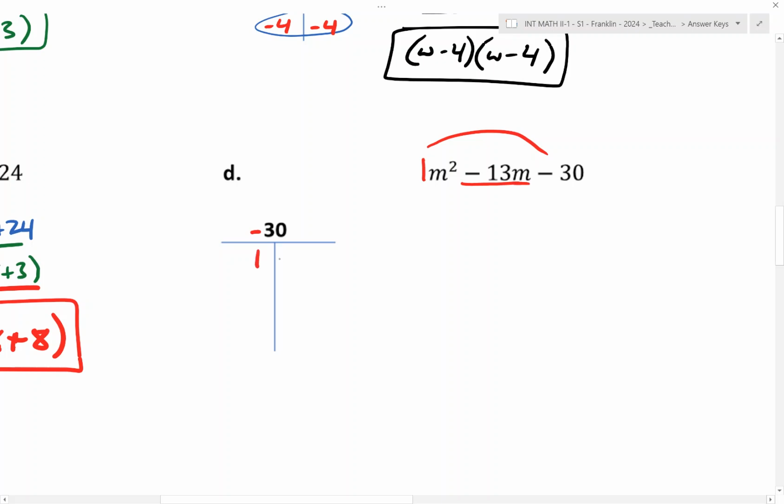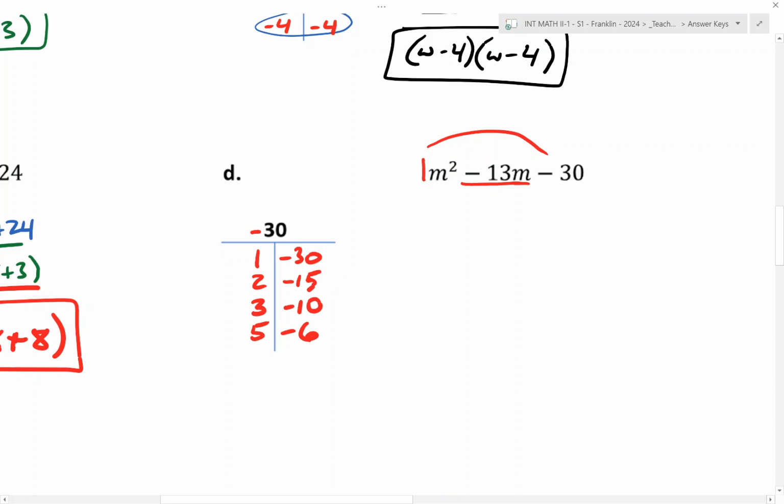So positive 1 and negative 30. Positive 2 and negative 15. Positive 3, negative 10. Positive 5, negative 6.